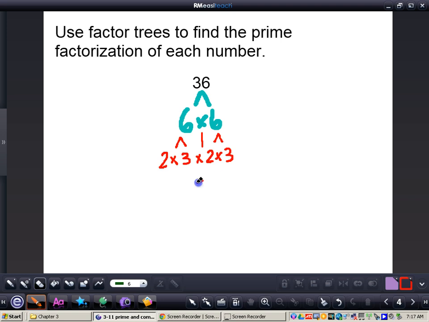And because of that, I have arrived at my prime factorization of 36, and I'll just rewrite this in order. Even though I have duplicates of numbers, I still write them all out. So the prime factorization of 36 is right here. 2 times 2 times 3 times 3 gives me 36. So you keep breaking the numbers down until you get all prime numbers.